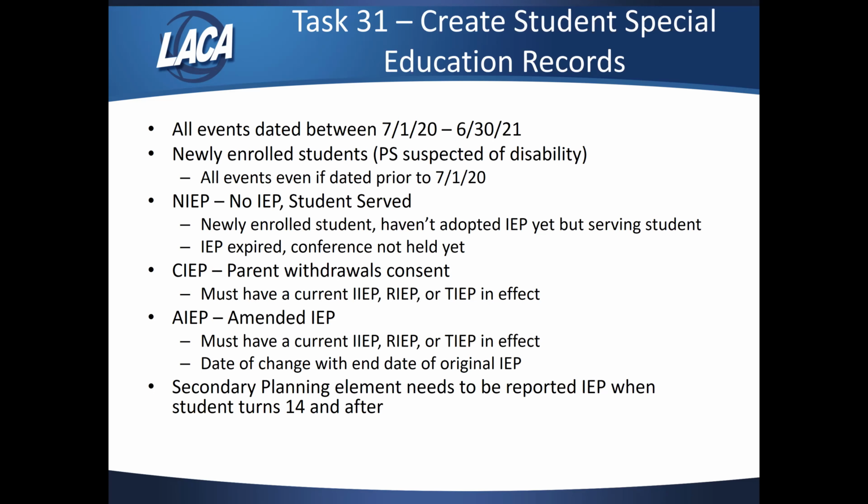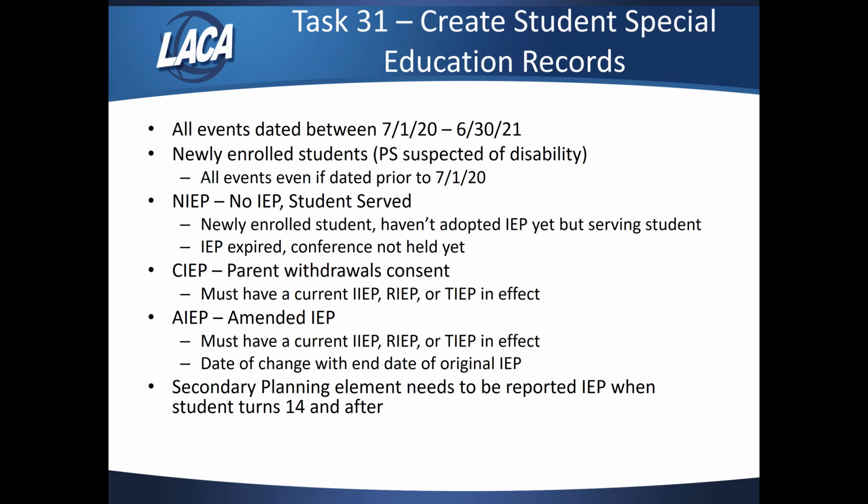Keep checking your FTE adjustment report throughout the summer because that report will change. If you have students who had an IEP event with an end date of, say, May 14th, and the new event did not get entered in, then on May 29th that student will show up on your FTE adjustment as not receiving weighted funding because there's no IEP event.